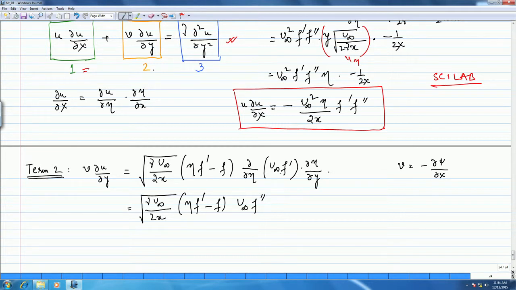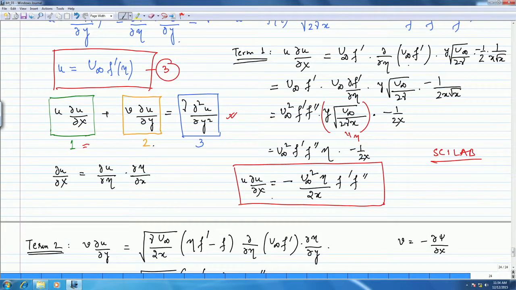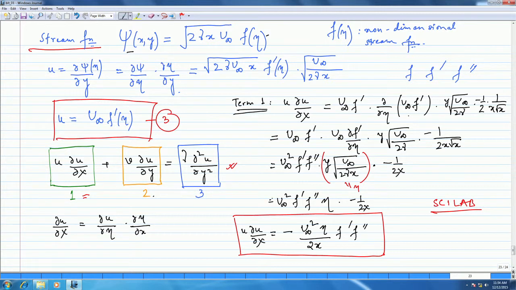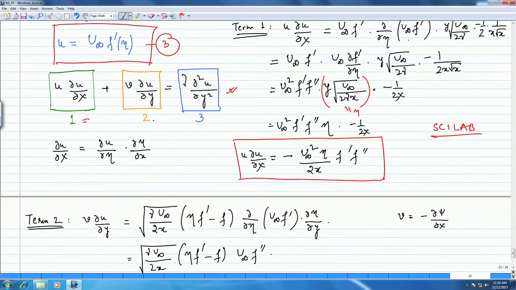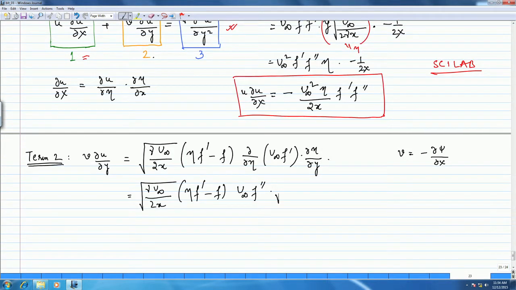Del eta of f dash is nothing but f double dash, into del eta del y. What is del eta del y? Because eta is this, del eta del y is nothing but the term inside the root, so all we get there is u infinity by 2 nu x.